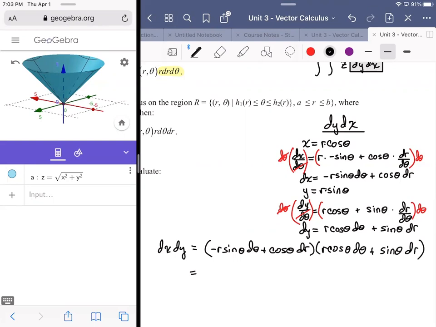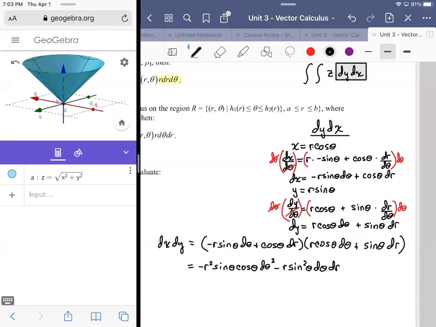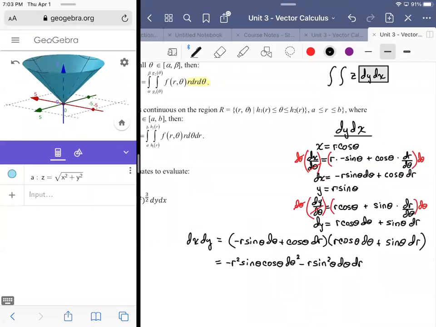So sine theta d theta multiplied by r cosine theta d theta is going to be negative r squared sine theta cosine theta d theta squared. The outers, that's going to be negative r sine squared theta d theta dr. Then the inners are r cosine squared theta d theta dr. So I'll just chuck that down here.